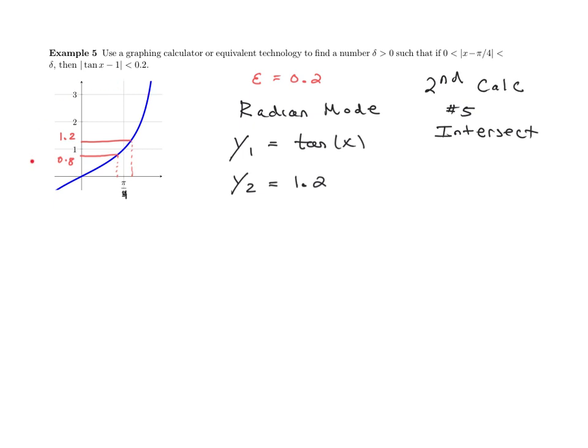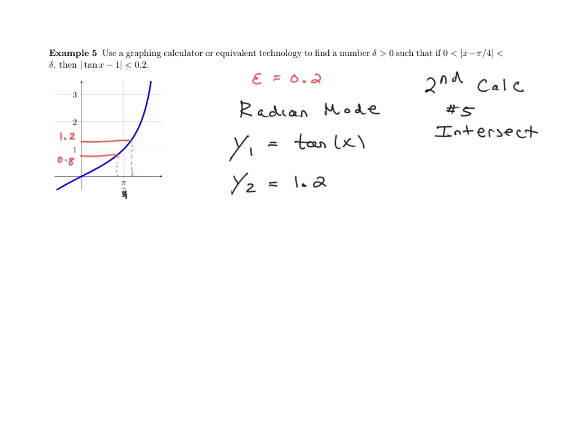It takes me back to this graph, and it asks first curve, and I'm going to move the cursor over until I'm close to the intersection point. So I'm just going to push over to the right until I'm reasonably close, and then I hit enter. It then says second curve, and you just hit enter again. It asks for a guess, and again, I'm just going to hit enter.